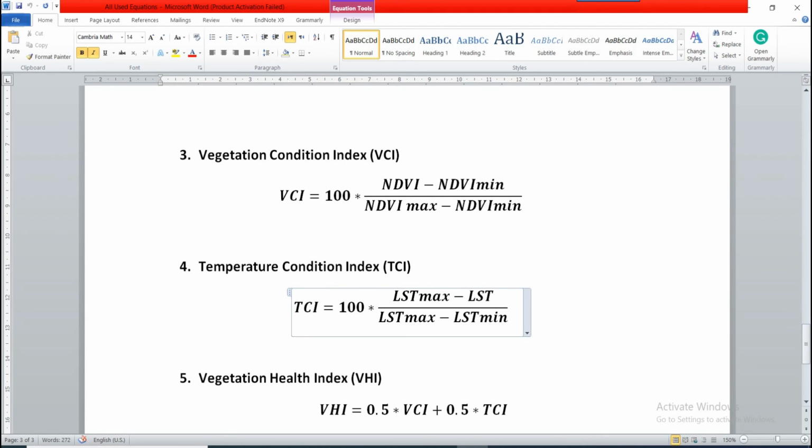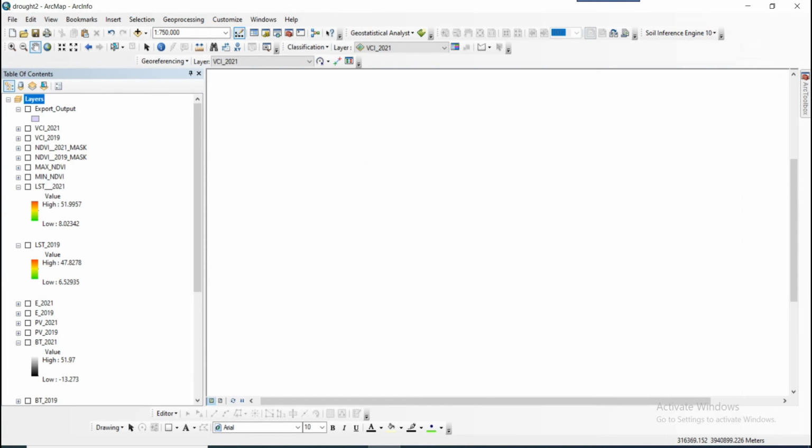And as we mentioned before, in the VCI, if we have a certain year, we will use the minimum and the maximum value for that LST. For example, if we have only the 2019 LST, we're gonna use these as minimum value and these as maximum value. But because we have 2 years, we have to calculate the minimum and the maximum just like the NDVI.